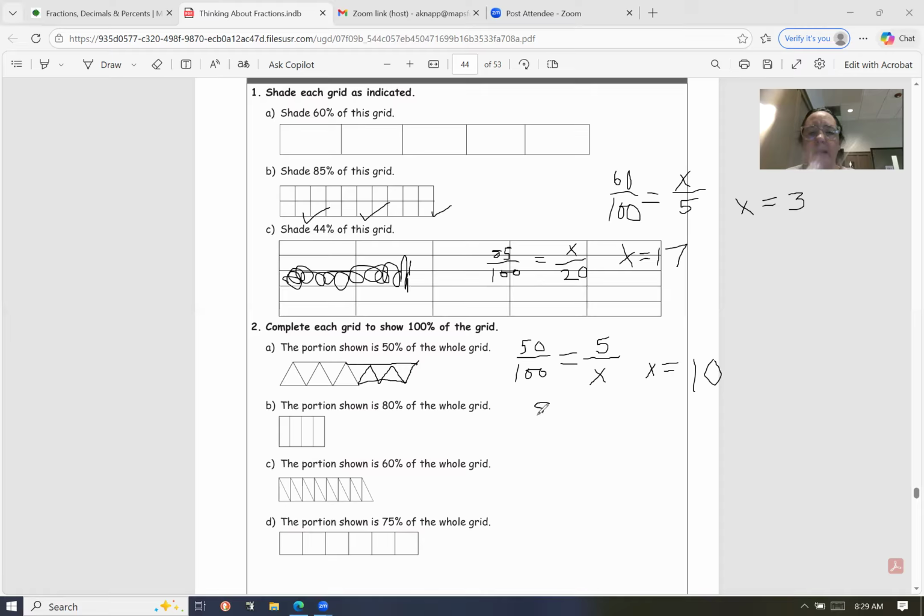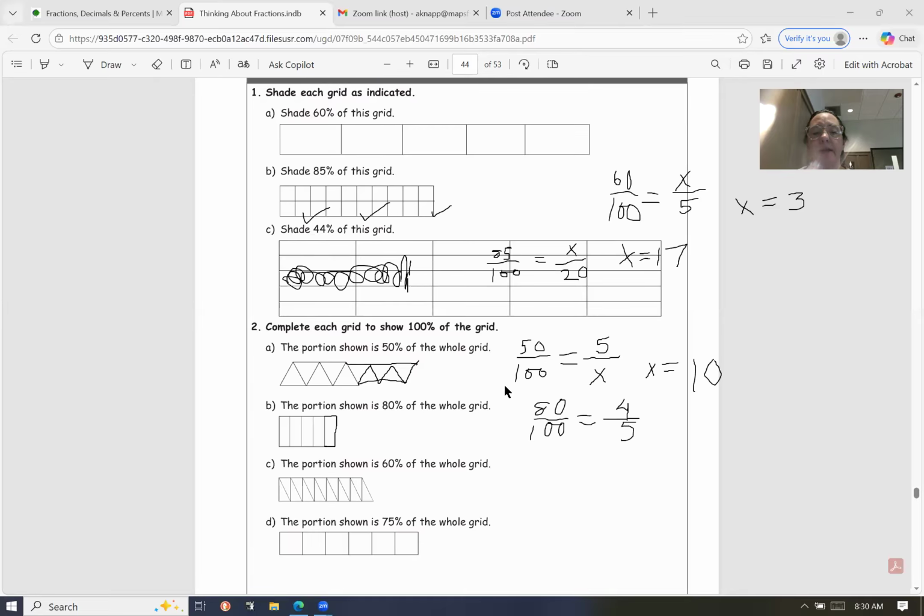So I am thinking about taking 80 out of 100 and simplifying that. The 80 is the smaller part that corresponds to 4 rectangles. So I'm going to put 4 here. 80 divided by 20 is 4. So 100 divided by 20 would be 5. So I just need 5 rectangles. So that's how you do that portion.